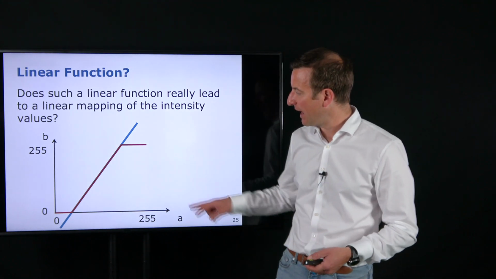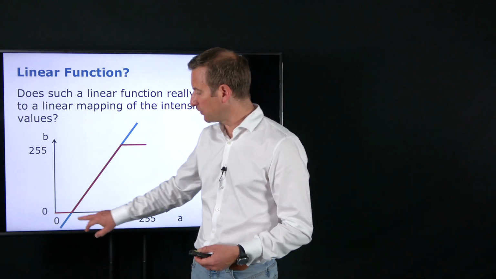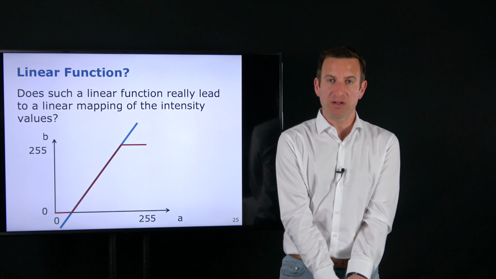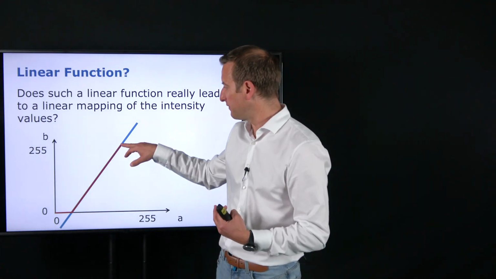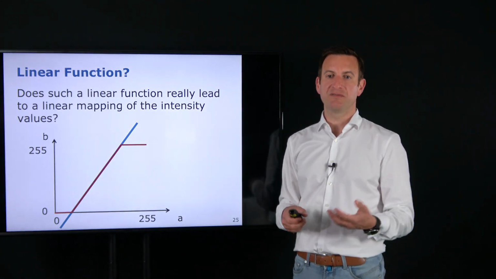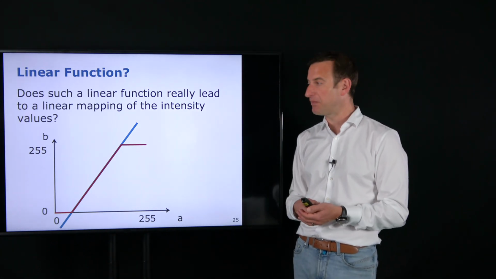The only problem that we have is that we actually need to clip those values here. So all the values which are smaller than 0 become 0, and all the values larger than 255 over here will be limited to 255 because that's what my image can represent.